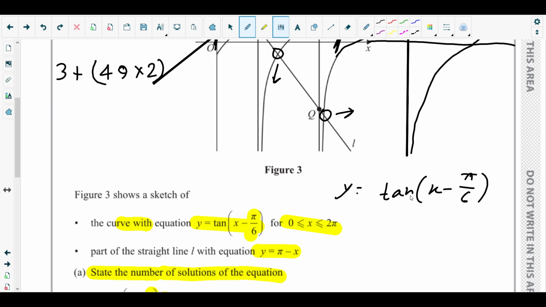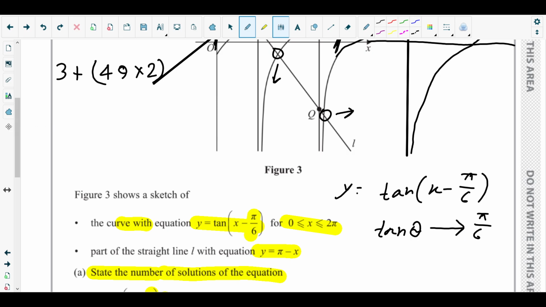And for horizontal transformation, what we know is that always the opposite thing happens. That means here x minus pi over 6, the graph of tan theta will be moved towards the positive x-axis by pi over 6 radian. Make sense? So all the y coordinates will remain as they are, but the x coordinates will move towards the positive x-axis by pi over 6 radian.